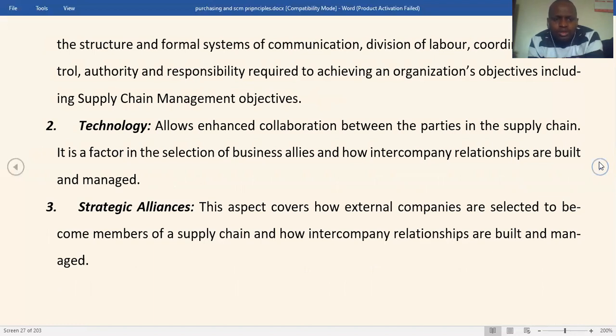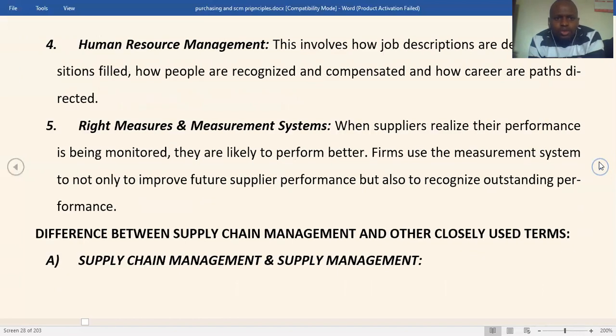The other important enabler is technology, and technology has enhanced collaboration between parties in the supply chain. The other one is strategic alliances. Supply chain has enabled different aspects to be covered, such as how external companies are selected to become members of the supply chain and how intercompany relationships are built and managed. The other one is human resource management.